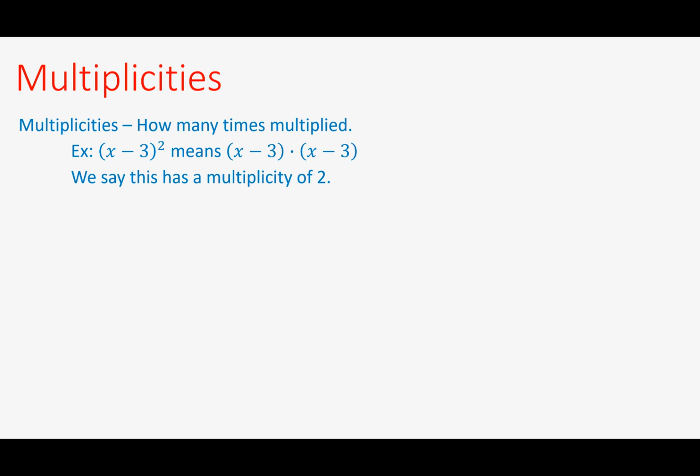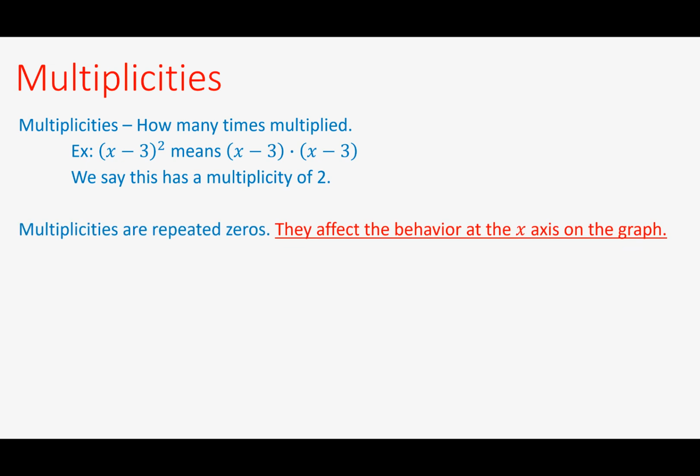There's 2 sets of parentheses going on, but we simply write it as x minus 3 squared. Multiplicities are repeated zeros. Again, x minus 3, we could figure out the zero of that would be a positive 3. Okay, so there would be 2 positive 3's going on, essentially.